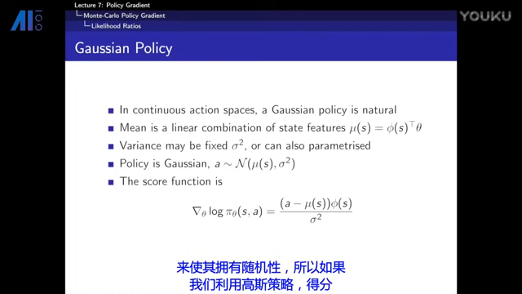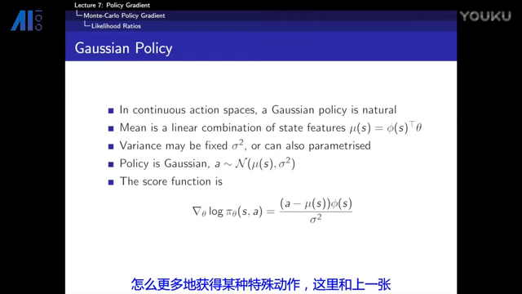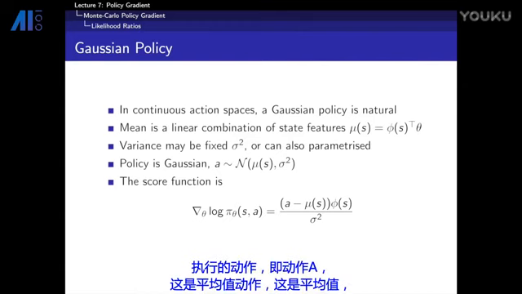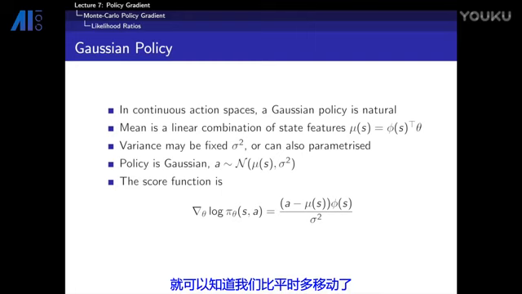And so if we were using a Gaussian policy, what would this score function look like? Well, the score function is basically, again, this tells us how to get more of a particular action. And here, again, we have something very similar to the last slide, where this is the action we actually took. This was our action A. And this is the mean action. This is the mean. So we basically want to know, let's take the action we actually took minus the mean.